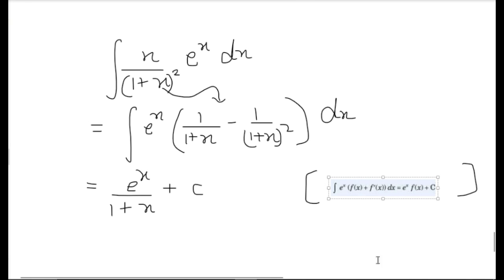So in the rest of the questions also, whenever you have the product of two functions to be integrated, and one of them is exponential, you should always look at the other one to see whether it is expressible in f(x) plus f prime(x) format or not. If yes, you can simply use this fact and end your solution. That's all for this video.